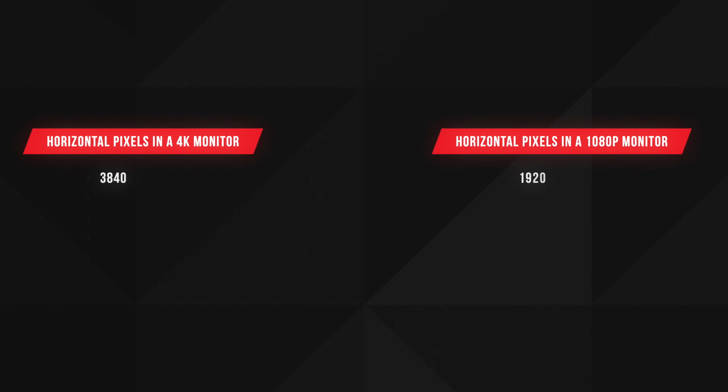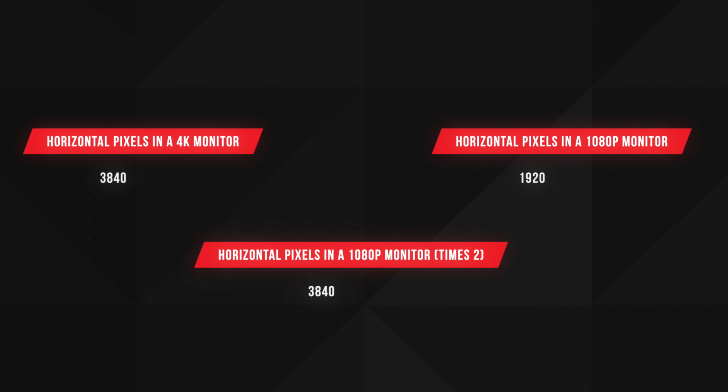So if you are only considering just the horizontal side of the monitor, the 3840 or close to 4K pixels, then if you were just to double that side by 2, or halve it, that is why it's often deemed as 2x scaling.